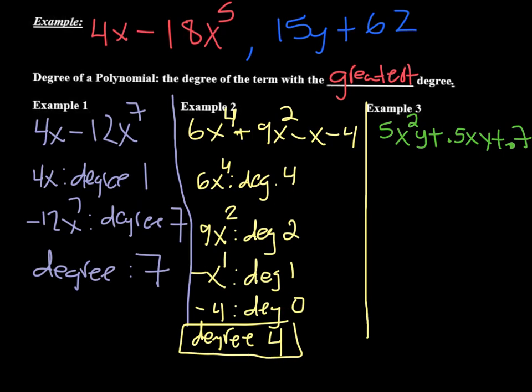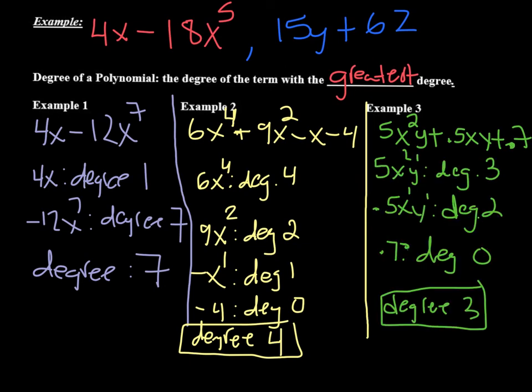Alright, for example 3, let's list out all of the monomials. You would have 5x squared times y to the power 1. If you add 2 plus 1, you get degree 3. The next term is 0.5x to the 1st power times y to the 1st power, and if you add 1 plus 1, you get degree 2.